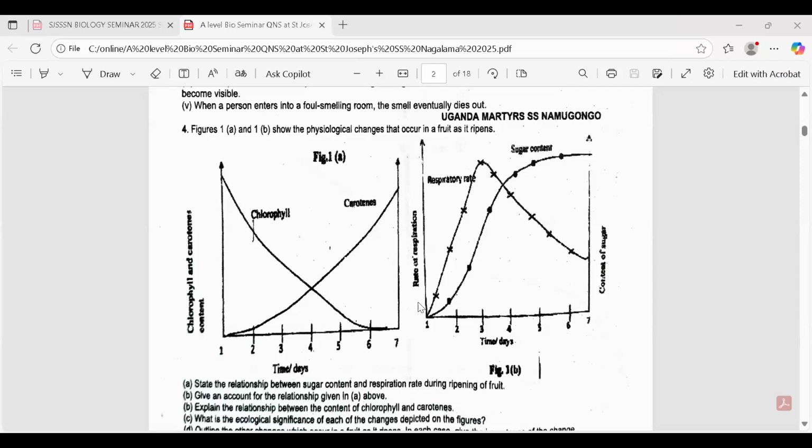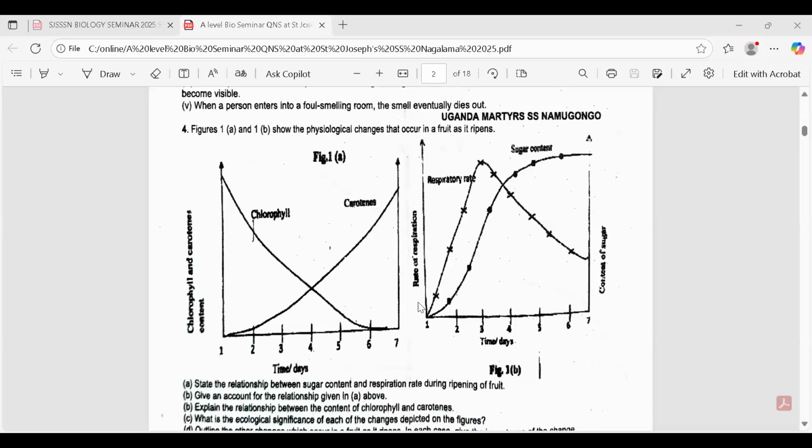Okay, so let's account for the relationship in A, where I said the chlorophyll is decreasing. Let's explain the relationship. Why was the chlorophyll decreasing and why were the carotenes increasing? Now, we know that chlorophyll is important in photosynthesis, while carotenes are also pigments, but they're not important in photosynthesis. So the chlorophyll was decreasing.